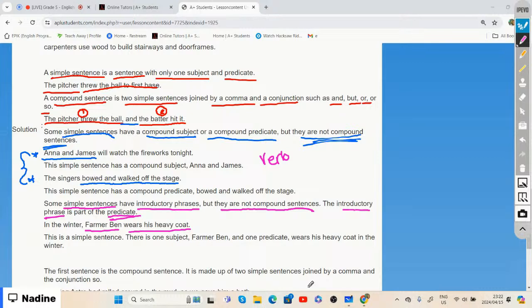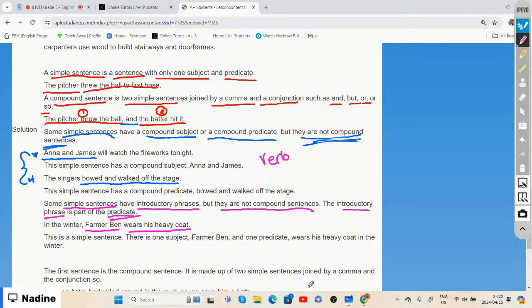All right. So I'm sure by the response that we do know what a simple sentence is. And yes, it does not have a conjunction. Then we have a compound sentence. A compound sentence is again two simple sentences that are joined by a comma and a conjunction.